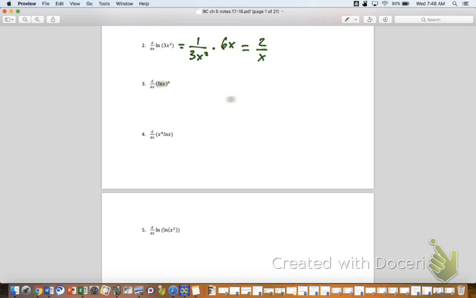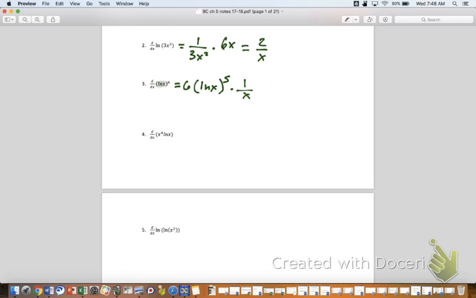So our first step here would be to write 6 times the input all to the 5th power. But then we've got to multiply by the derivative of that inside. And the derivative of the inside in this case would be 1 over x. And so if you wanted to, you could just put over x. Or you could put times 1 over x. It's the same thing. So you could do this as well. Like so.